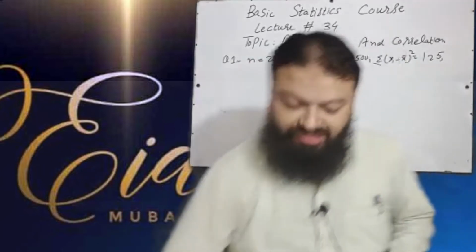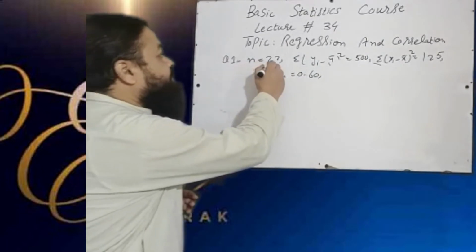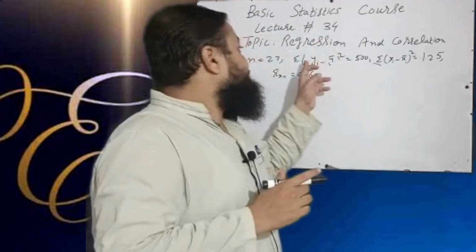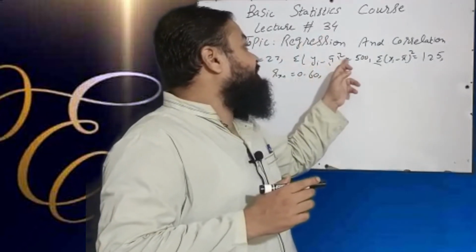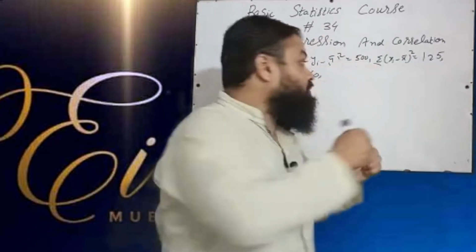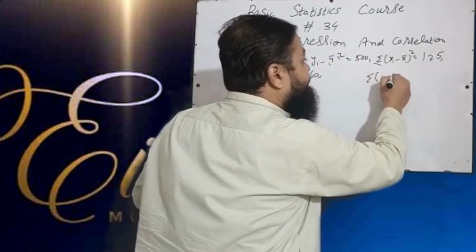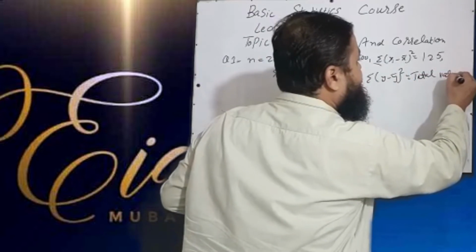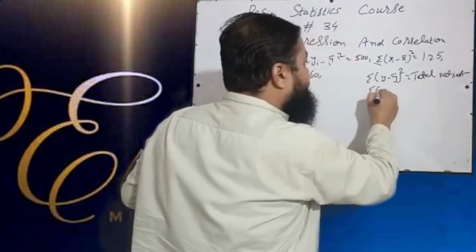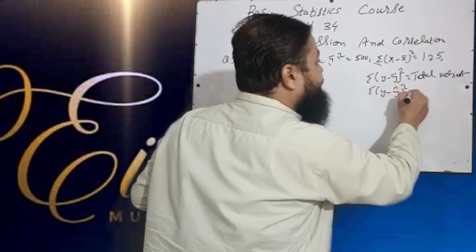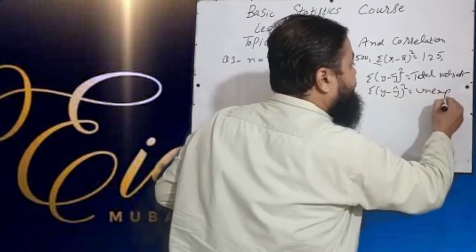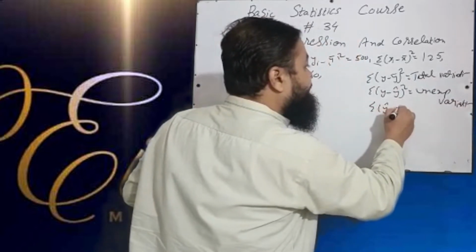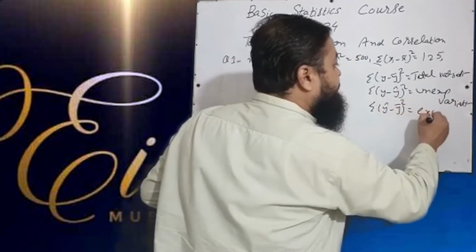Let's start. Question number 1: n is 22, there are 22 observations in the data. Summation y minus y bar whole square is 500. We know summation y minus y bar whole square is the total variation, and summation y minus y cap whole square is the unexplained variation, and summation y cap minus y bar whole square is the explained variation.